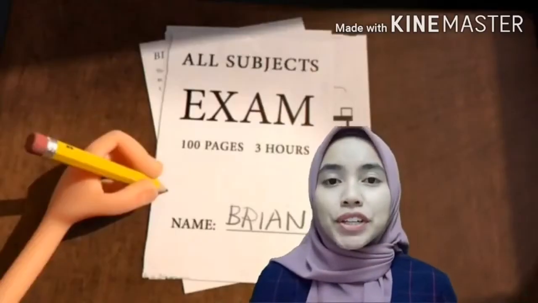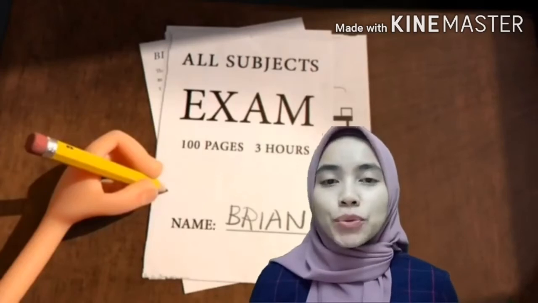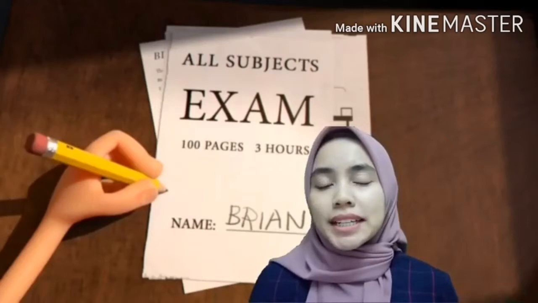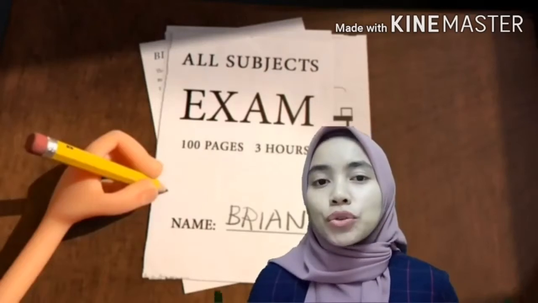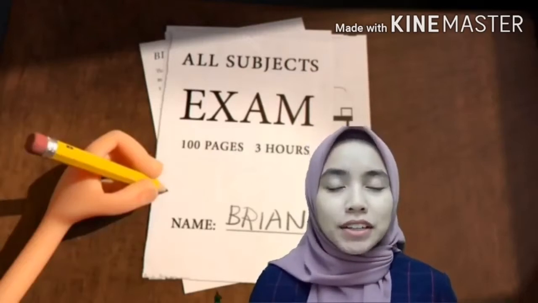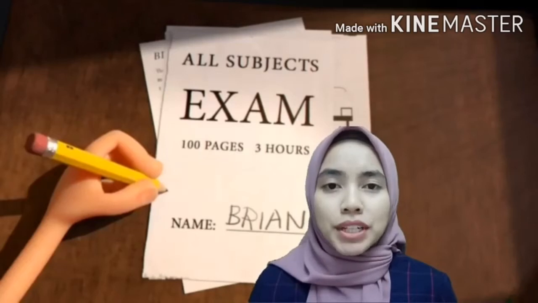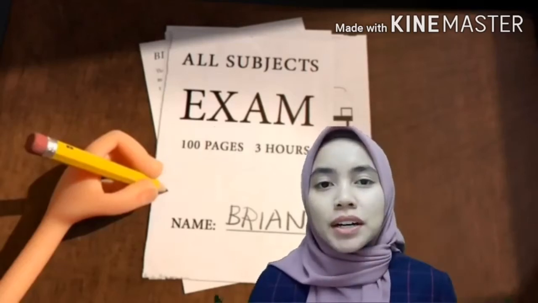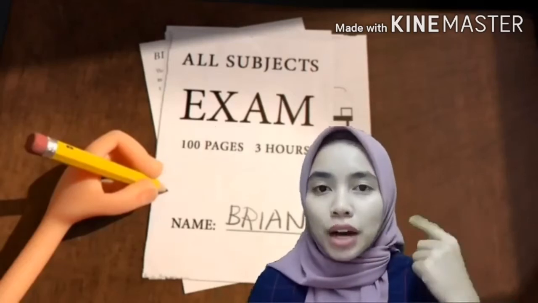Okay, this video is about our brain, which is memory. It shows how we organize new information to put in our memory for later use, and then how we maintain the information in our storage, which is we save the new information into our memory.